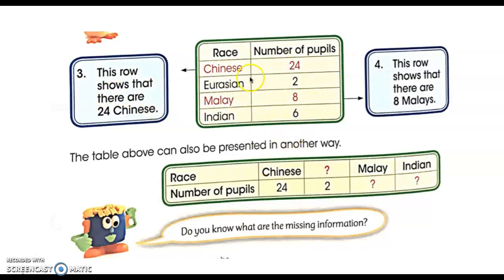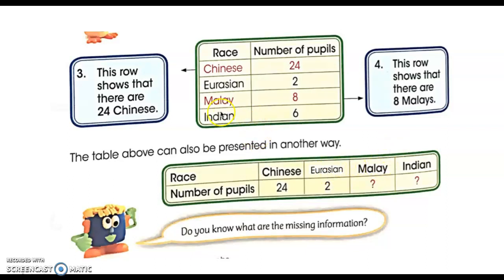Okay, now see, this table can also be represented like this. For example, the races are on the top and the number of pupils are on the bottom. Now see, Chinese 24, right? Chinese race 24, right? Now here the 2 is here, so you know that it should be Eurasian, right?